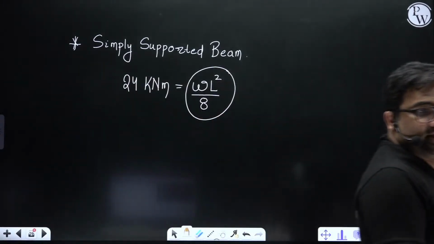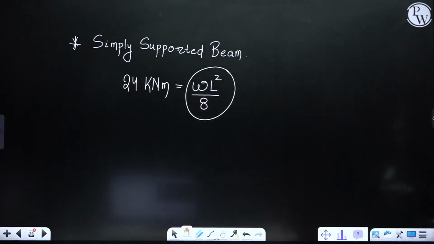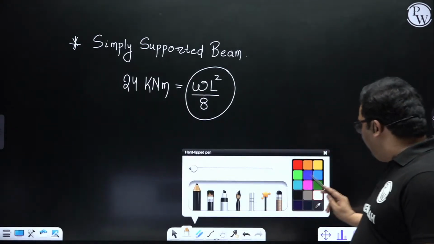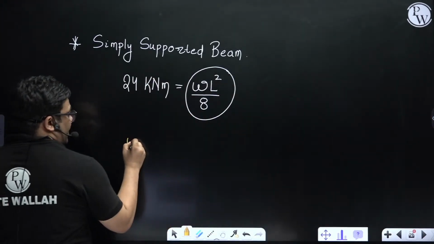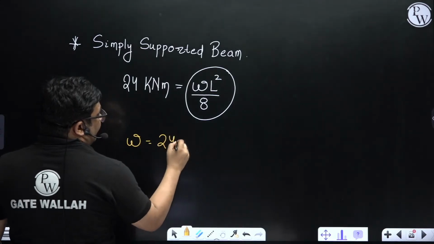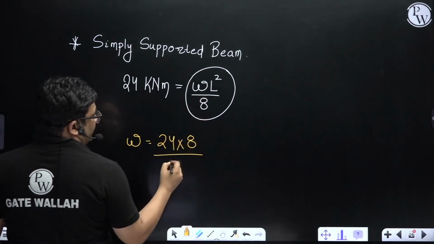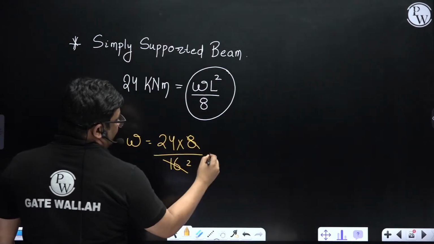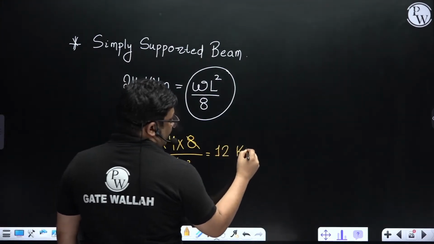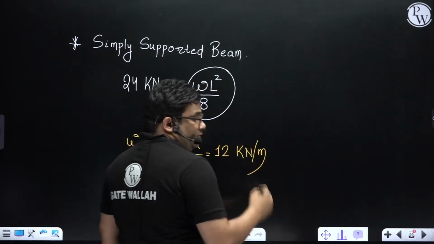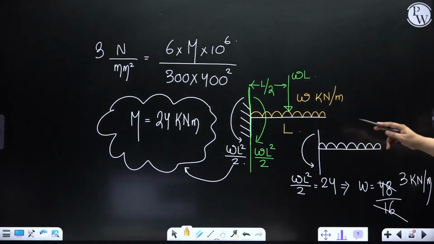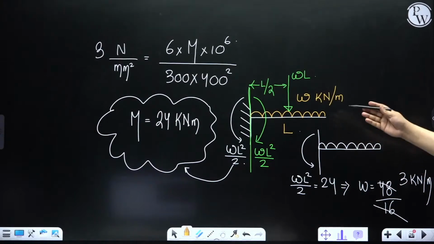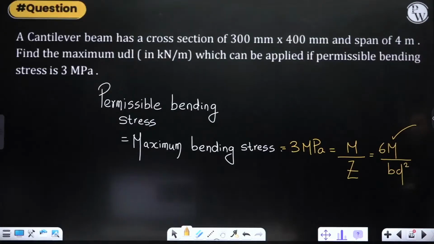So W would be 24 into 8 divided by 16, which is equal to 12 kilonewton per meter. But in a cantilever beam, the maximum moment occurs at the fixed end, and we found it to be WL square by 2. So this kind of question can also be asked in bending stress.